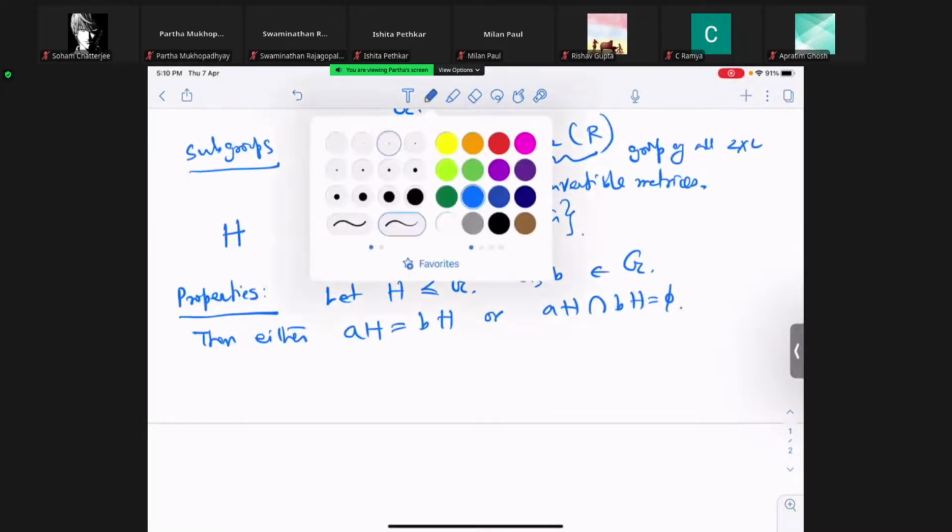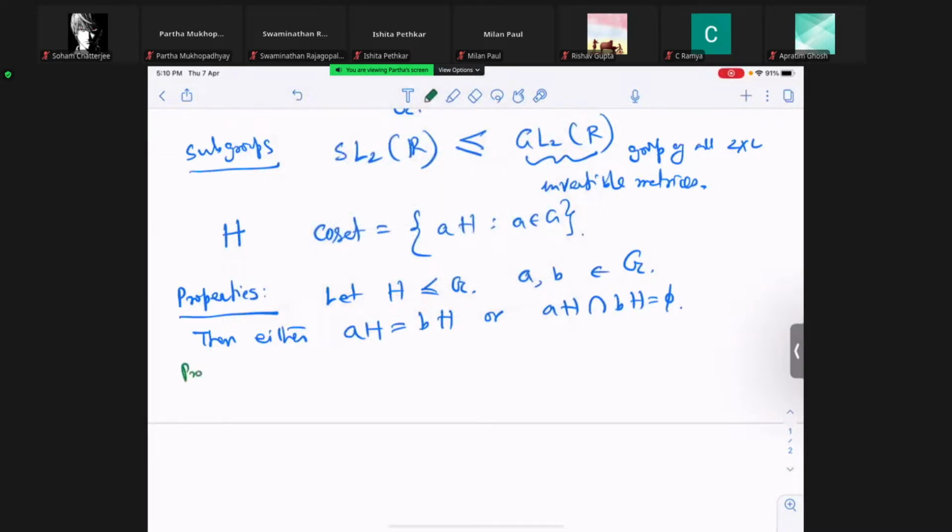Just to refresh, this is a very simple property.